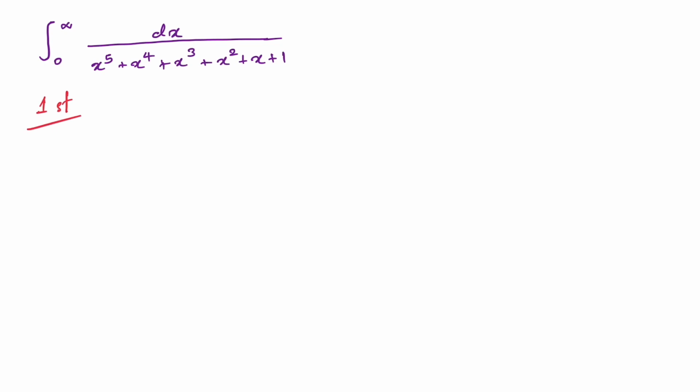So first I'm going to take a substitution: u is equal to 1 over x, then du is equal to minus 1 over x square dx. Then if you isolate the dx, we know dx is equal to minus du over u square. Okay, now we can plug in.